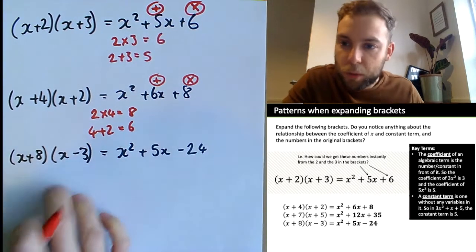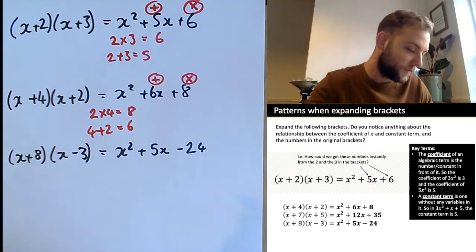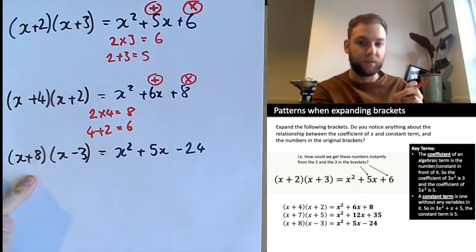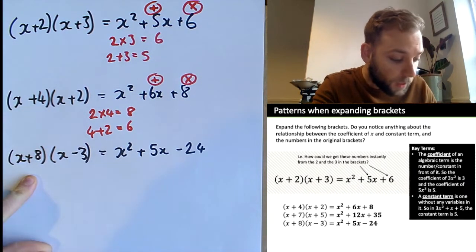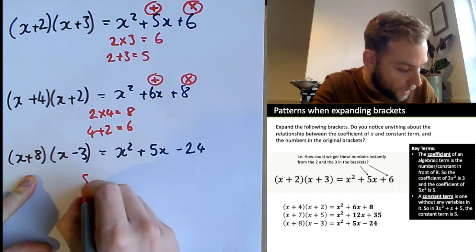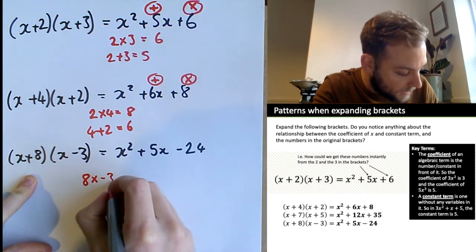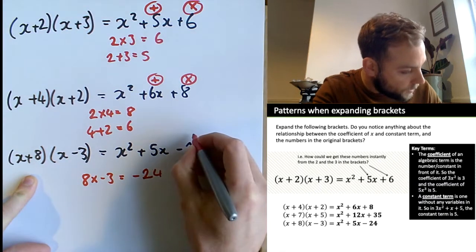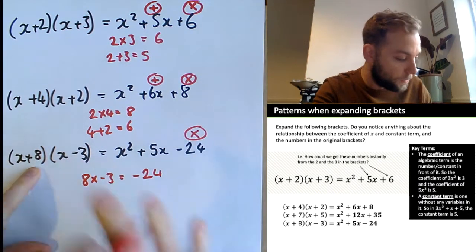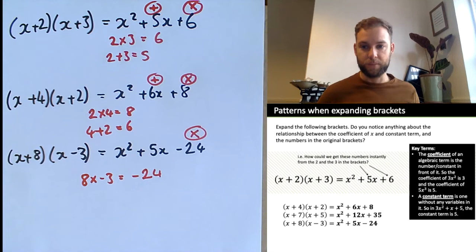Now, does it work with negatives as well? Let's have a check. Be careful with this: you do need to think about the rules for adding and multiplying negatives. 8 times negative 3 is equal to minus 24, so yes, these two numbers multiply together to make that last number.